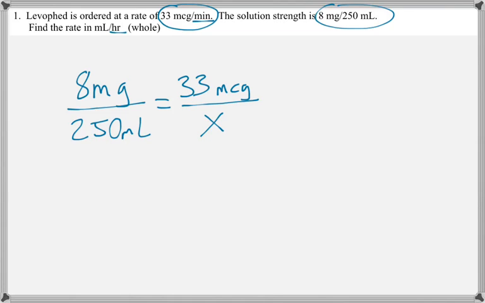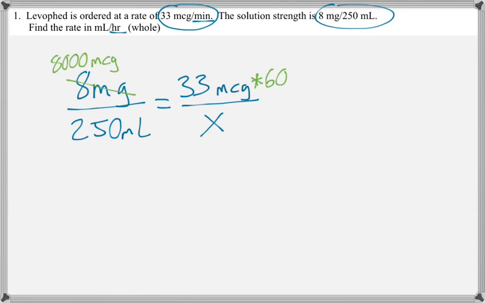And there's two things I need to do. The first thing is I need to convert this 8 milligrams into 8,000 micrograms. The second thing I need to do is I need to multiply this 33 by 60.